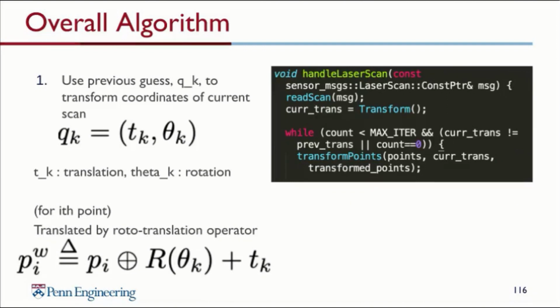And so for the ith point, we define the roto-translation operator R, and the translated point p of i of w, which is basically p of i that's been rotated by some theta value and translated by t of k. So p of i of w is the newly translated point within the reference frame of the previous scan.